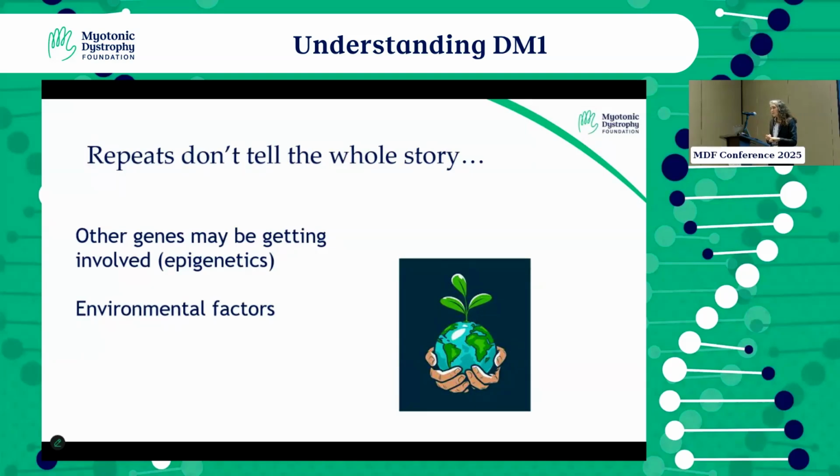There could be other genes in the body that may be getting involved, and maybe those genes have an impact on what the DMPK mutation does. There also can be environmental factors, so things such as where we live, what our activity levels are, the things that we eat, other medical problems that we have. Those can all have an impact on what happens in DM1.